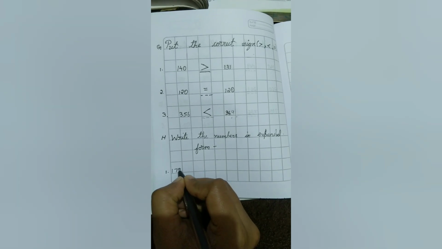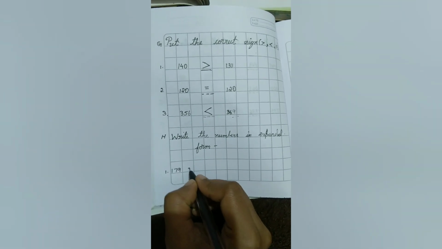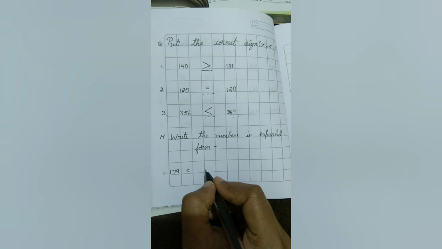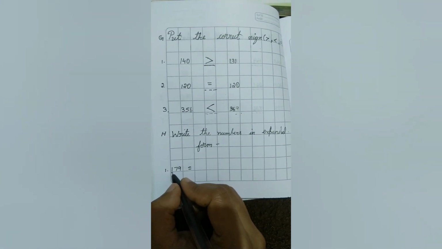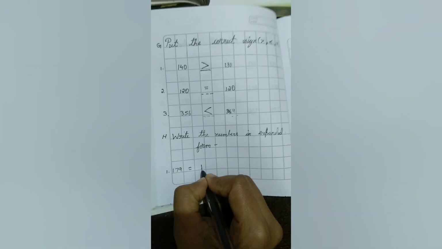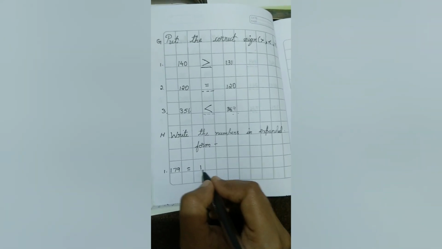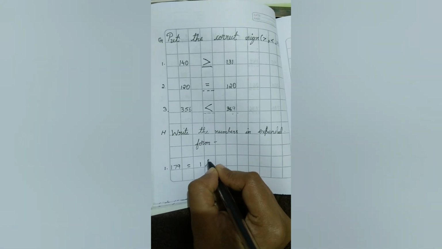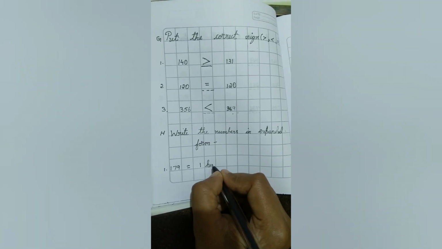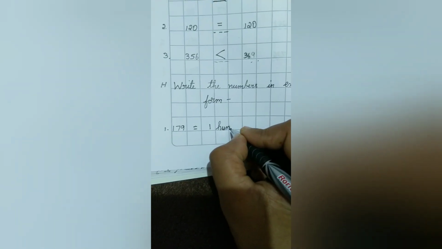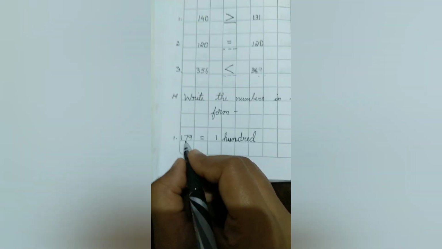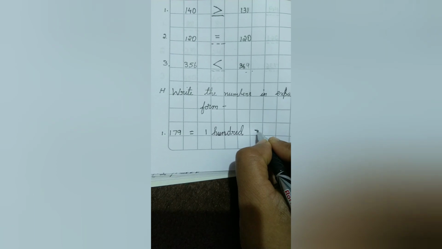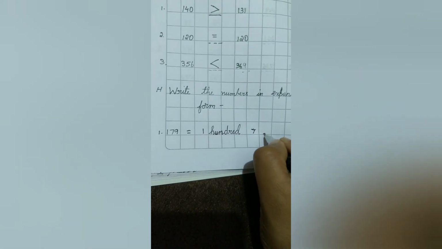179. So how do you expand this, children? Write equal to in this next box. Now let's write. First I have to start from the hundreds place. So I'm going to take the number in the hundreds place, write that and write 100. So it is 100. After that, what is the next number? 7. And in what place is that? In tens.